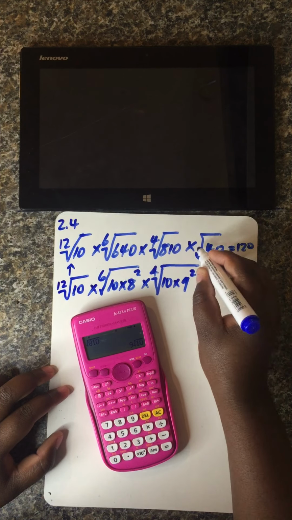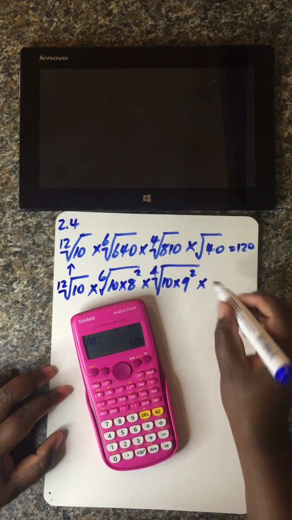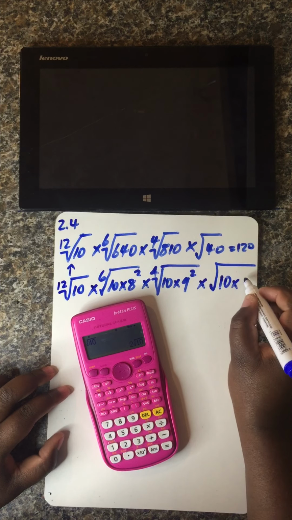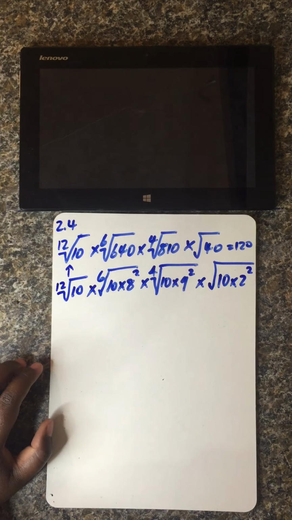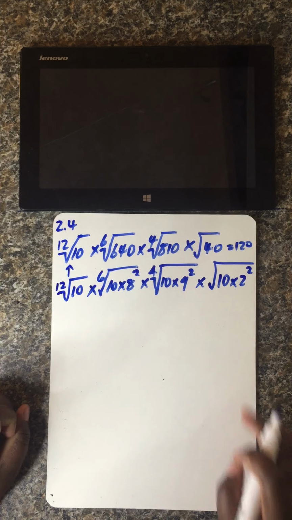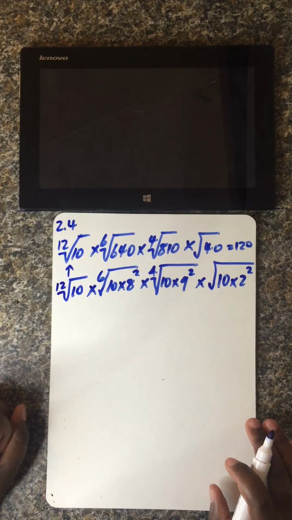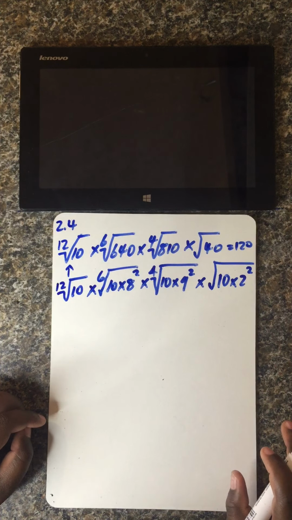Then we do the same there. We can just punch the square root of 40, which is also 10 multiplied by 2 squared. Very, very much important. Please do try to punch all of that and see if you get all of these values that I'm writing there. Okay, so now let's see.